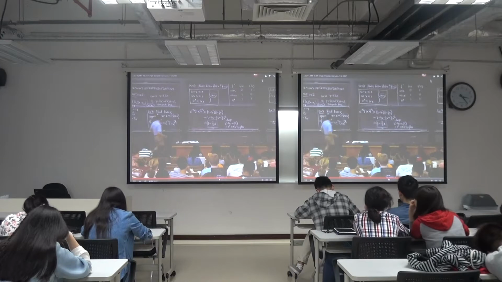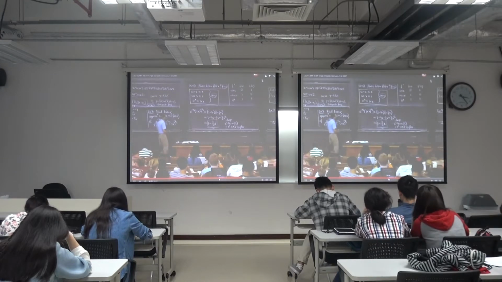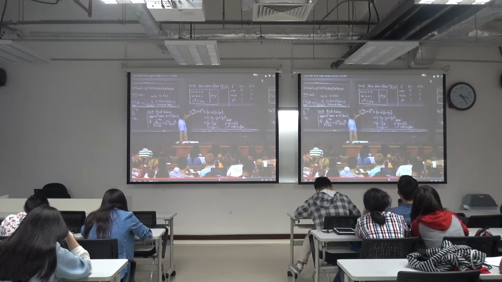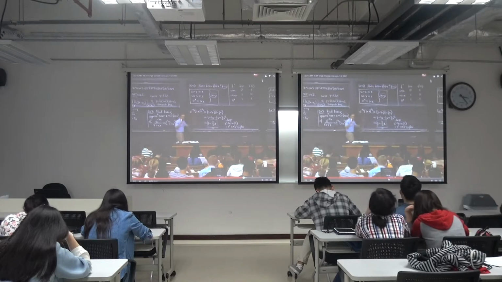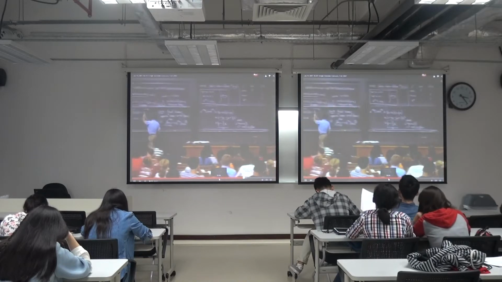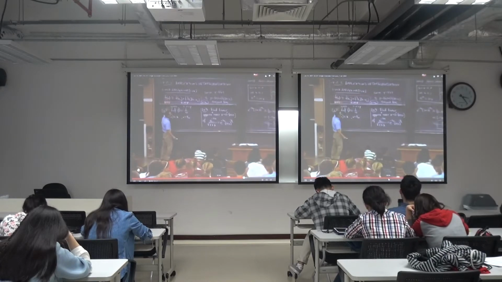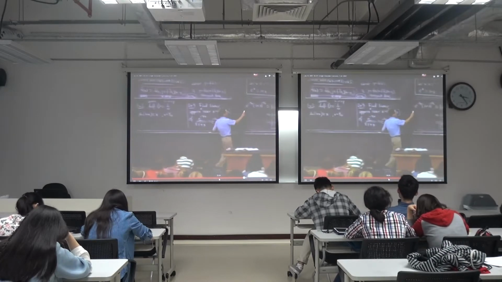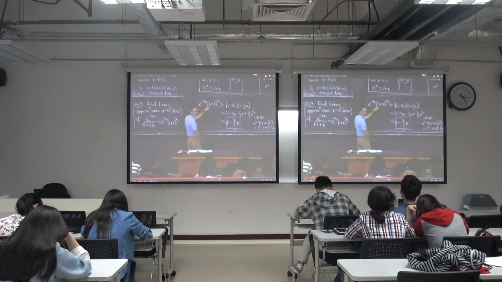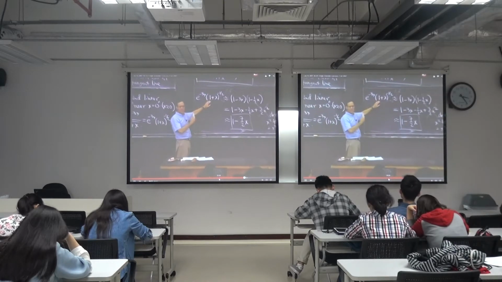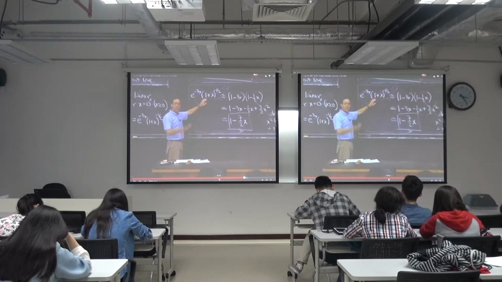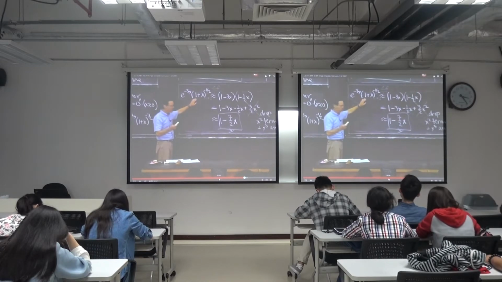Okay, so the question was asked, suppose I did this by a different method. Suppose I applied the original formula here. Namely, I defined a function f of x, which is this function here, and then I plugged in its value at x equals 0 and the value of its derivative at x equals 0.